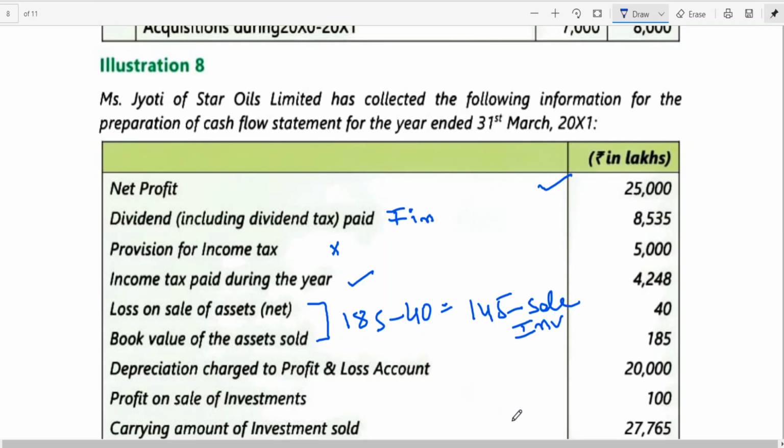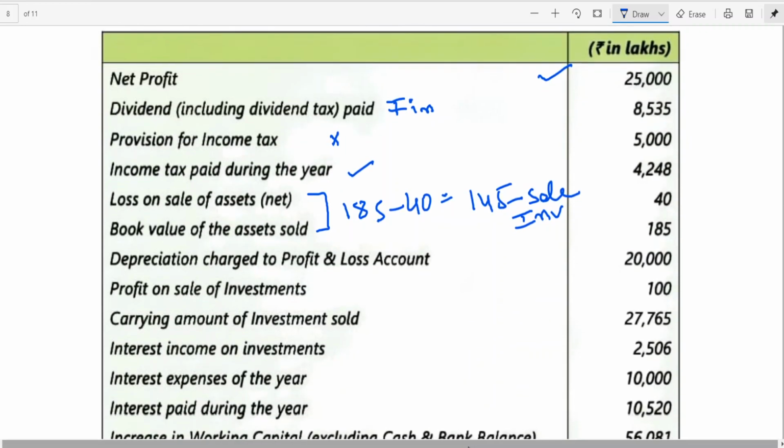Next, depreciation charged to profit and loss account is to be added. Profit on sale of investment, I think you know that these two, if you add carrying amount, that is book value, on that you are getting 100 rupees profit. It means 27,765 plus 100, you are getting 27,865 rupees as sale proceeds of investing activities.